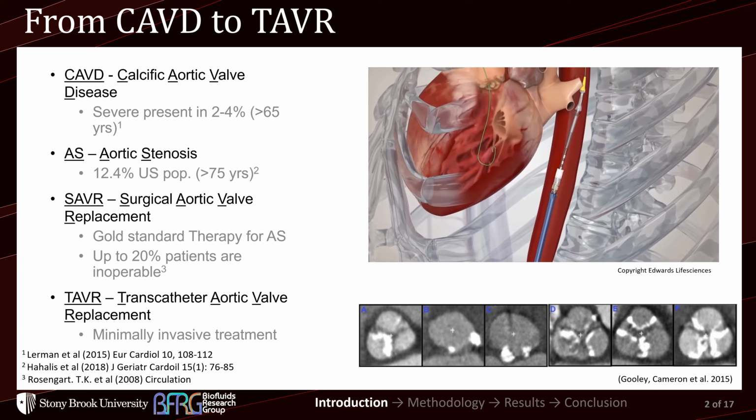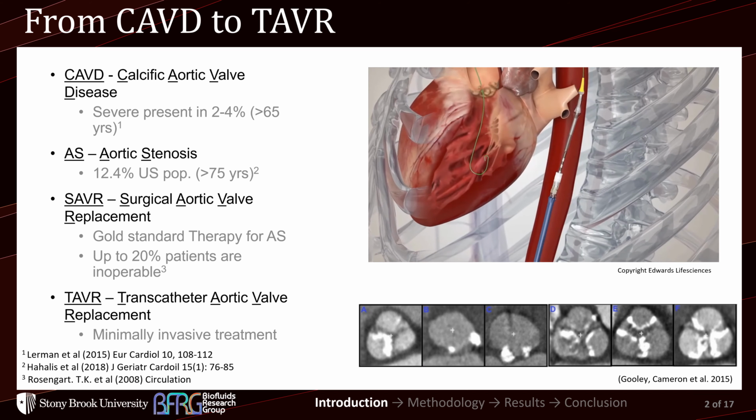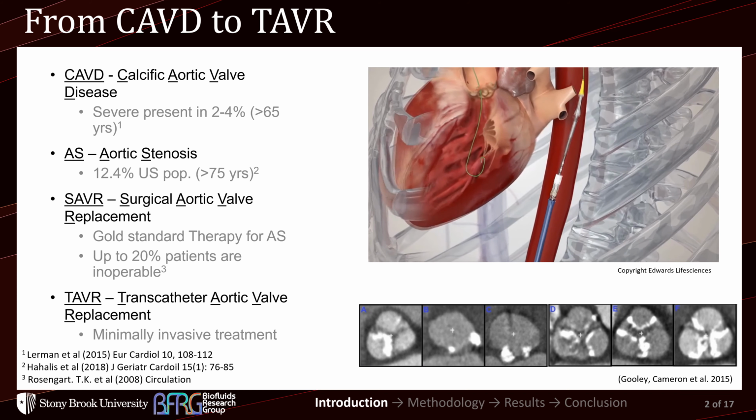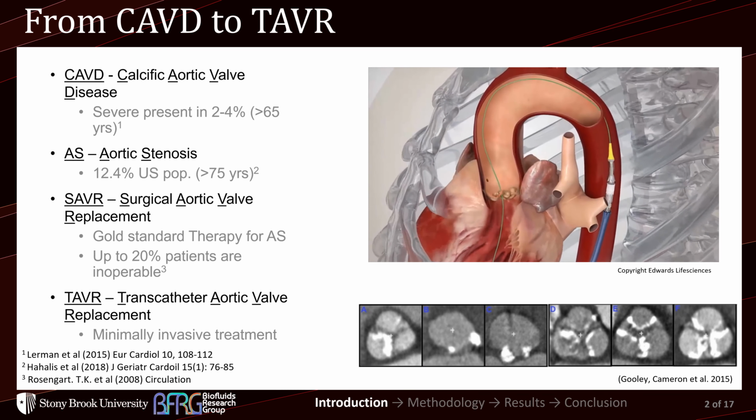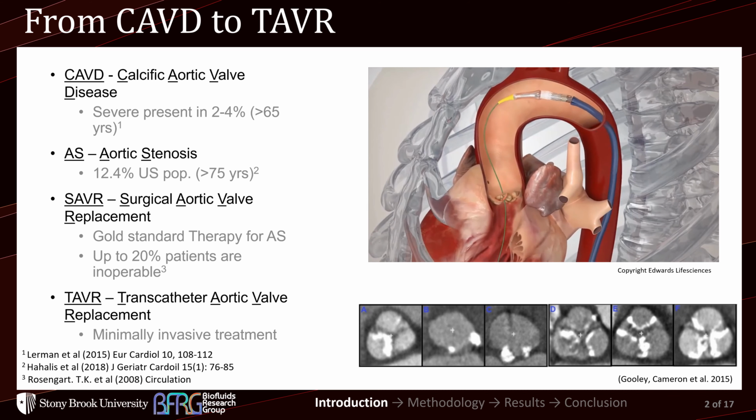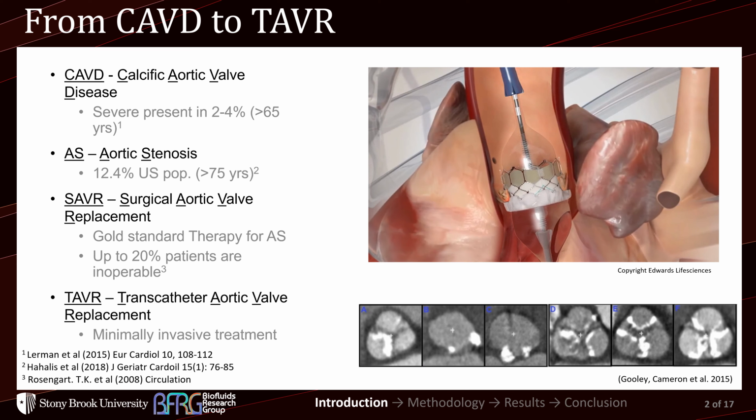What's important to note here is that in the transcatheter technique, the native valve is not removed and these calcific masses remain. These masses have a characteristic patient-specific distribution and size that varies with each patient.